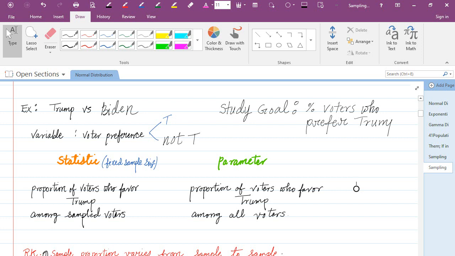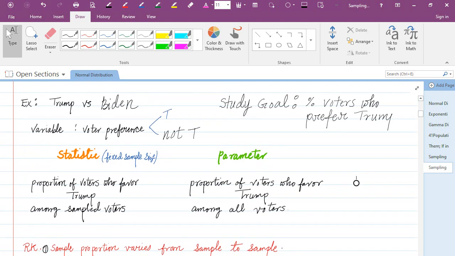So as an example, let's say that we are looking at the presidential election between Trump and Biden, and the variable of interest is the voter preference. So we're looking at whether voters prefer Trump or not. The voter preference here has two outcomes.